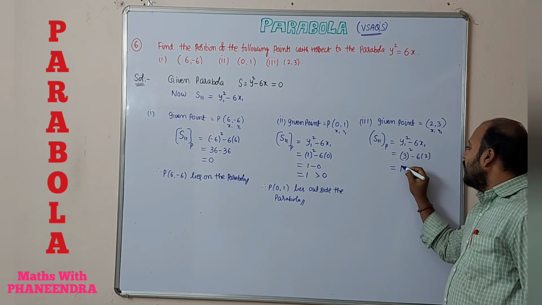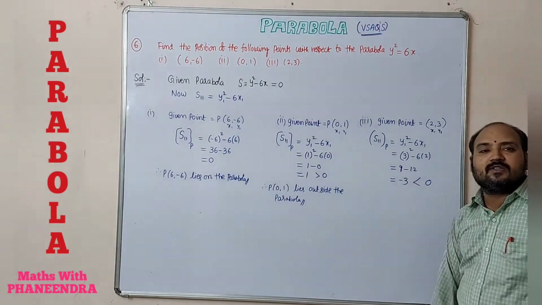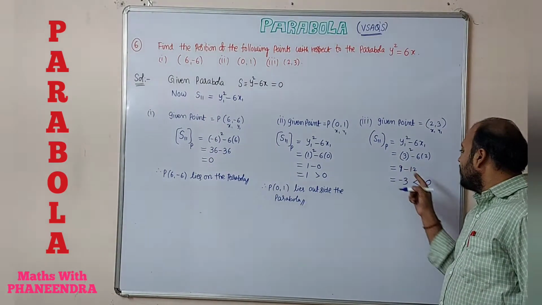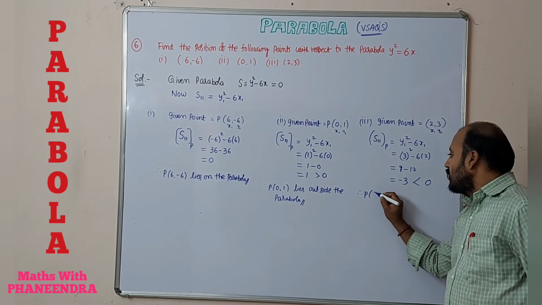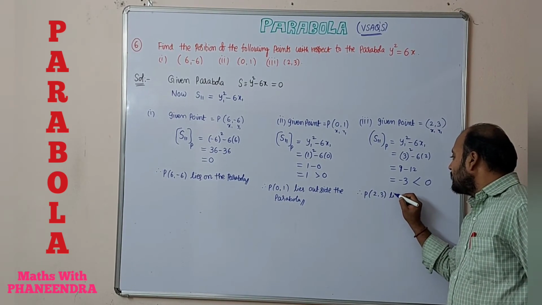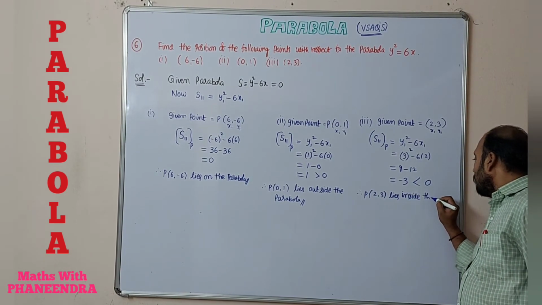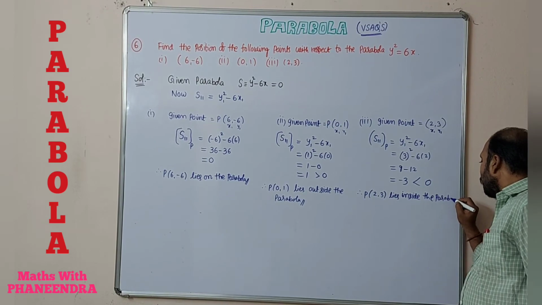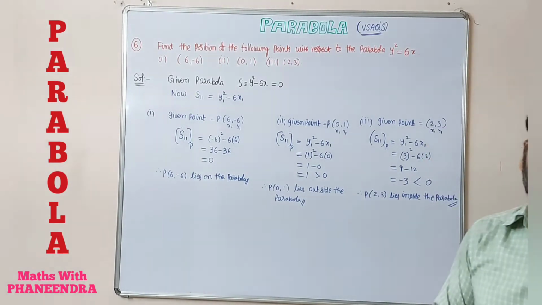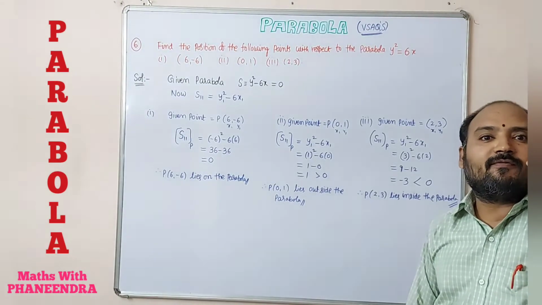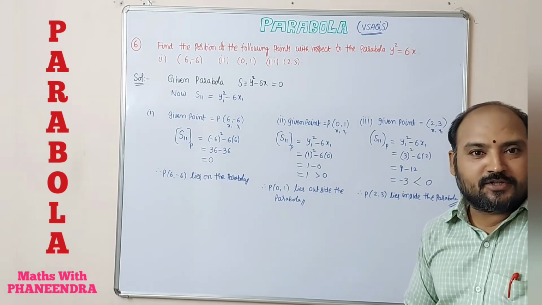So 9 minus 12, which is equal to minus 3, which is absolutely less than 0. So whenever S11 is less than 0, therefore the point P (2, 3) lies inside the parabola. So these are the important models regarding the first exercise. I hope you understand, dear students.